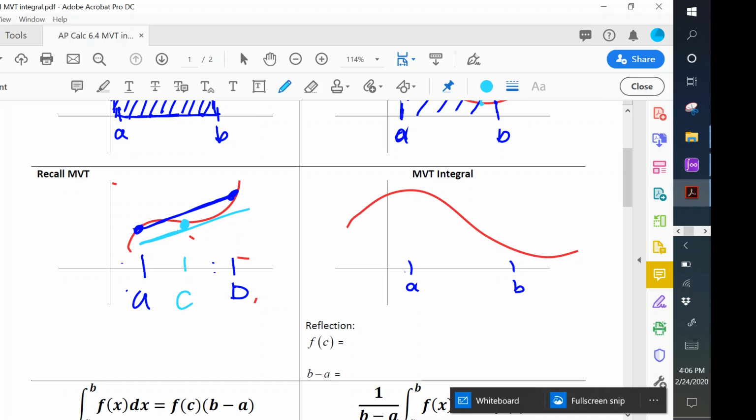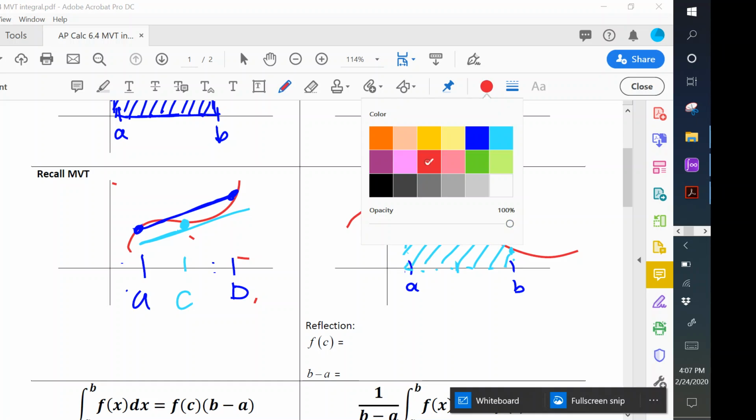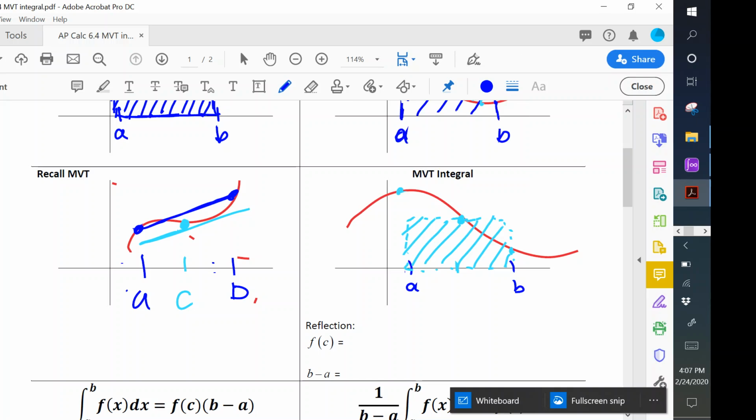You're probably wondering, how does this work for the mean value theorem of an integral? Well, the same thing: we're going to find a value C in the interval from A to B, and then draw that same area. If I draw this little rectangle right here, the mean value theorem says this area will be the same as the area of the other figure.